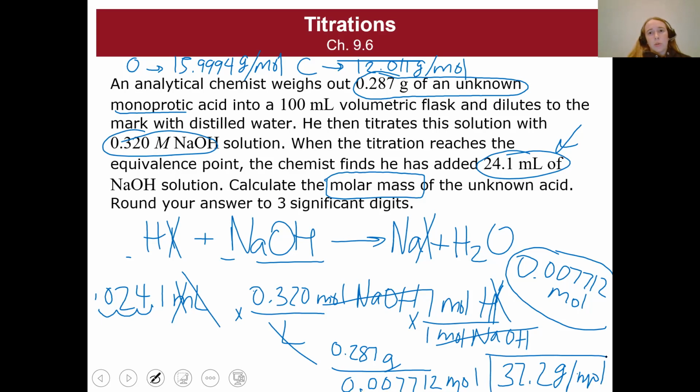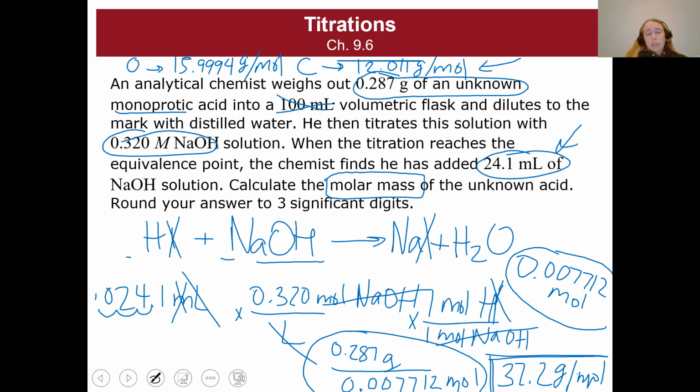And it looks like a molar mass of elements or compounds that we've seen before, grams per mole. So you guys know how to do this, I promise. It looks really confusing, especially when there's a ton of words like this, but that's all you need to do. Find the moles and then use the mass that they gave you to calculate grams per mole. You didn't need this at all. So sometimes they give you extra information that you don't need.